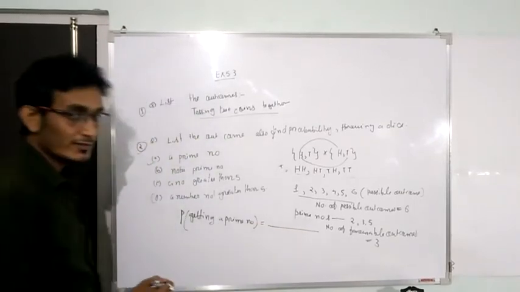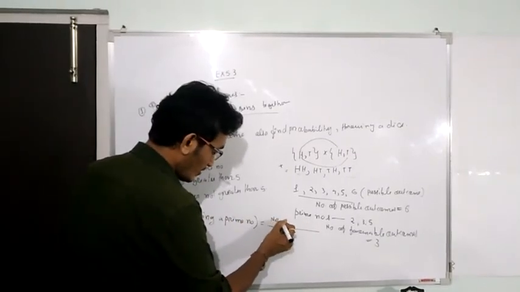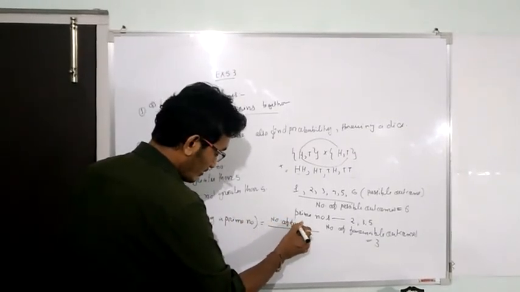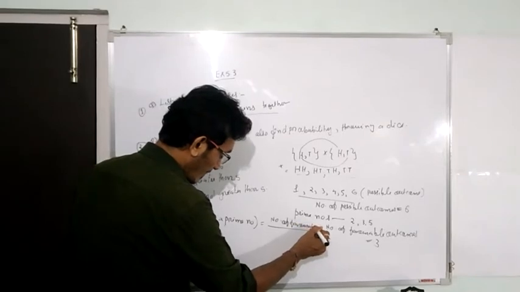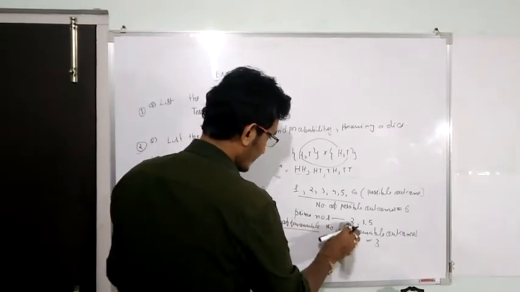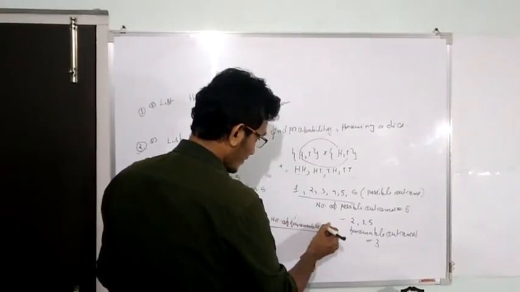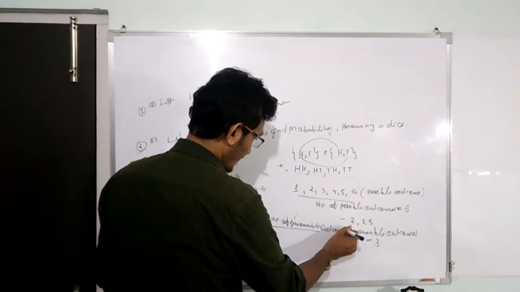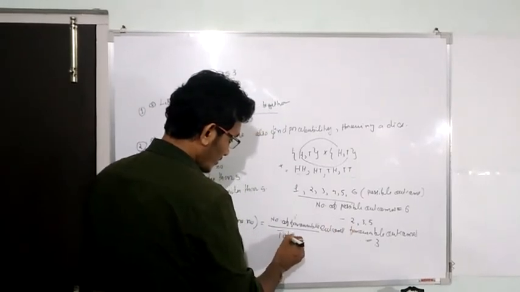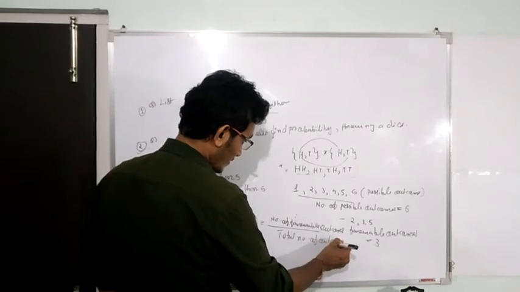The formula was number of favorable outcomes divided by total number of outcomes.